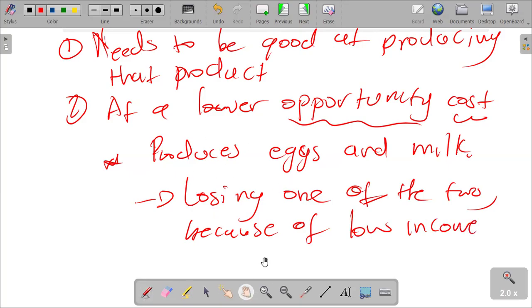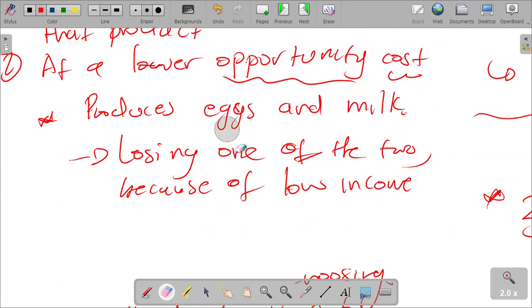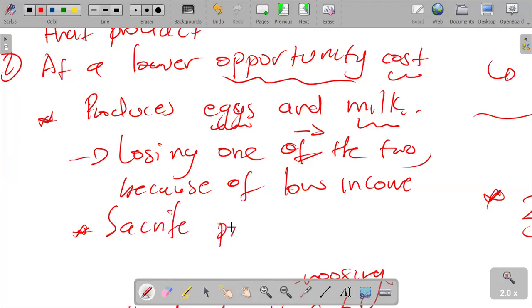So let's say a country is good at producing eggs, but they also produce milk. They will sacrifice producing milk because of the amount of money that they get from eggs.